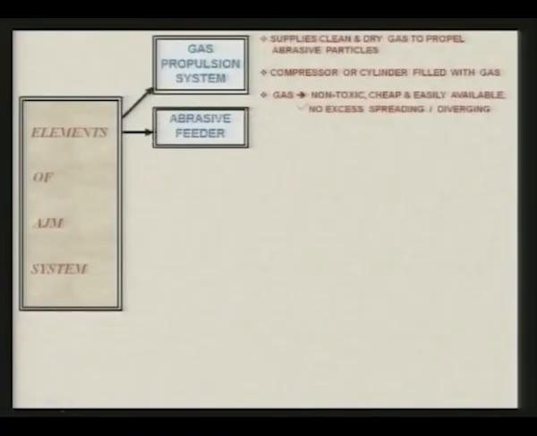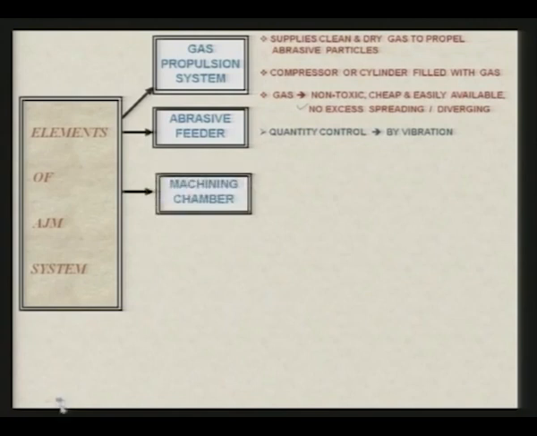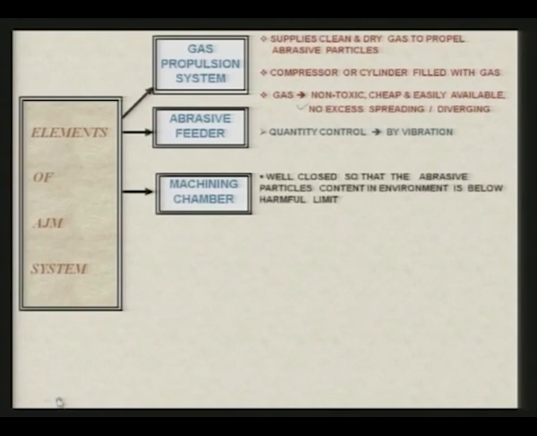Second element is the abrasive feeder. With the help of the vibratory mechanism, as I just mentioned, you can control the quantity with the help of the vibration. Then third is the machining chamber. It is closed so that the abrasive particles contained in the environment are below the harmful limit. This is very important.